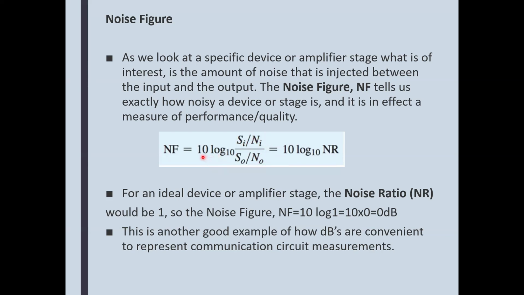If it's decibels, then you're going to have the 10 log of the signal to noise ratio on the input divided by the signal to noise ratio on the output, which is equal to 10 log of the noise ratio. And that's your noise figure here.